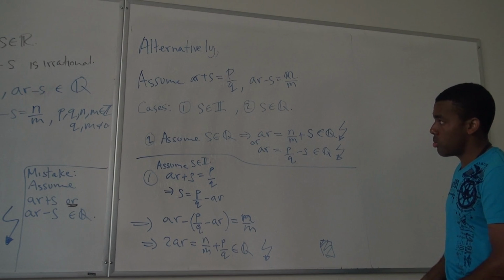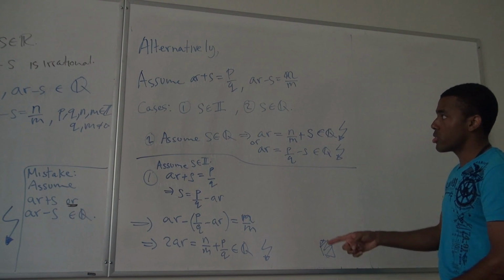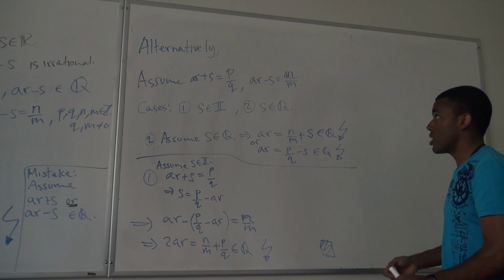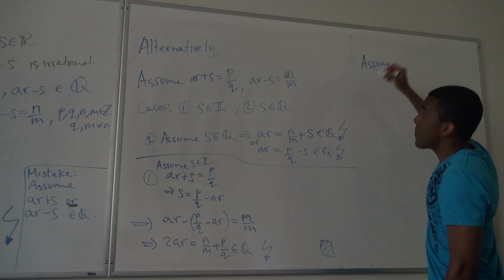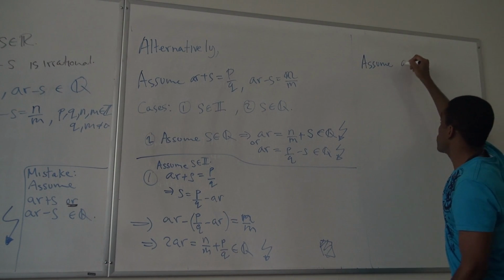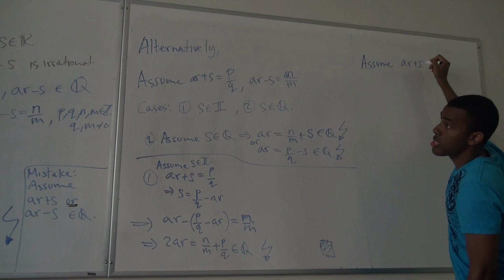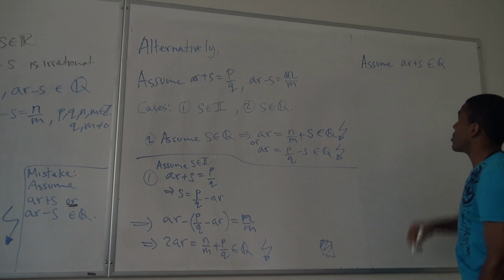And the other way that you could have done this, which will probably also end up being similar to this, is you can assume one of them, like say, assume AR plus S is rational.